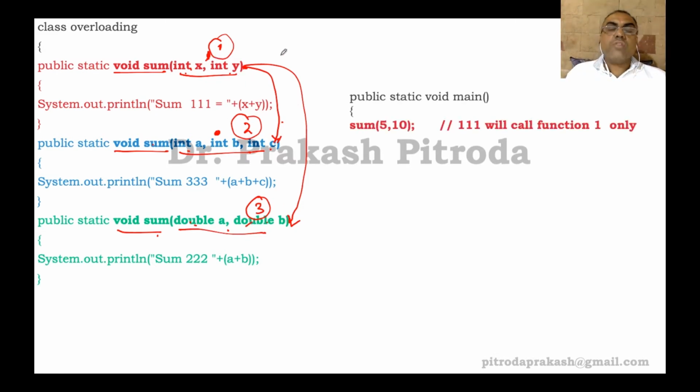If you want to call, the Java language is smart enough that when it reads sum of 5 comma 10, it will go to the matching function, because 5 and 10 are technically two integers. This is integer, this is integer, so it is going to be called by this function only because they are two integers.